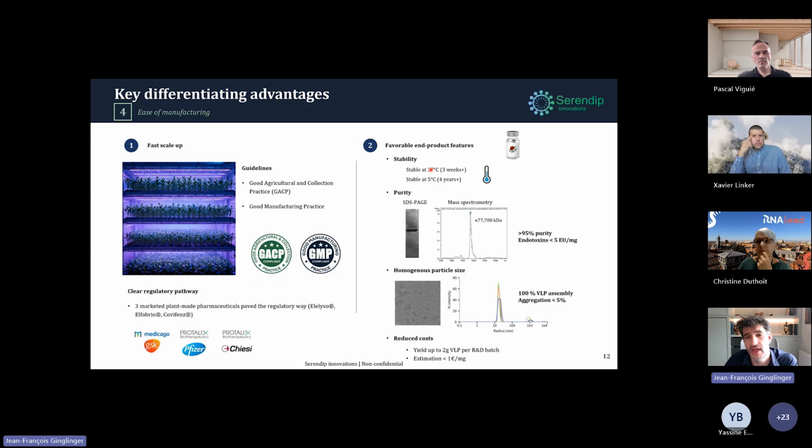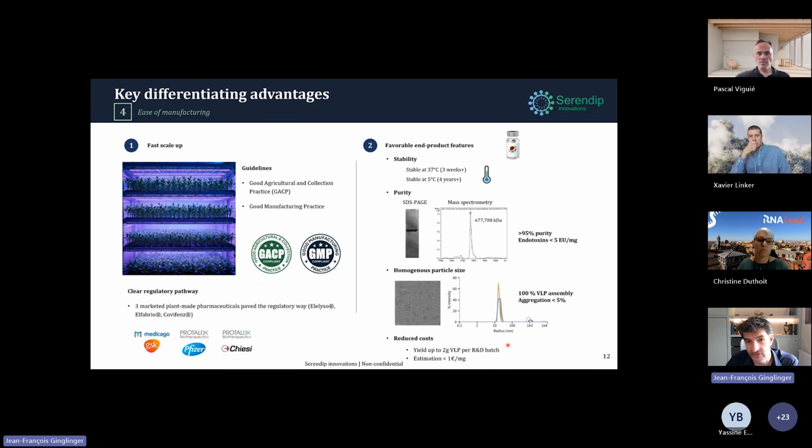And you also have very favorable end product features in terms of stability, purity, particle size distribution, and also reduced costs. We were able to produce up to 2 grams of VLP, which is huge, in a single R&D batch. And we have an estimation of less than €1 per milligram of the final drug product.